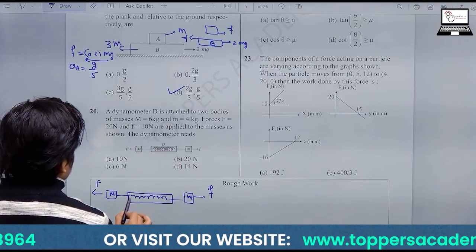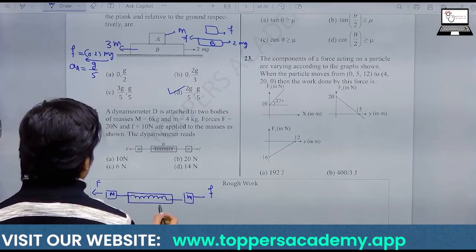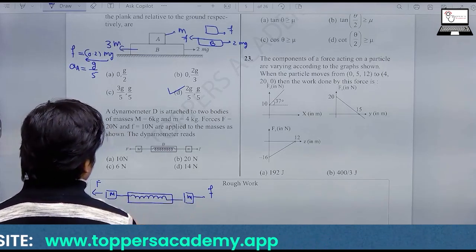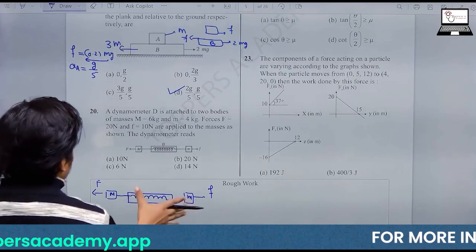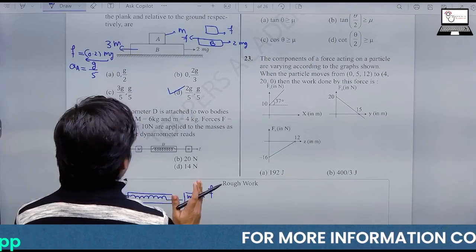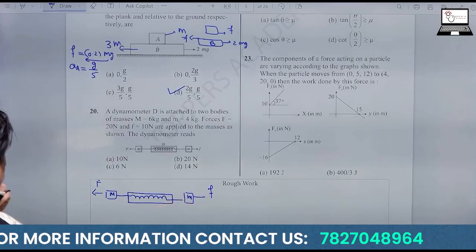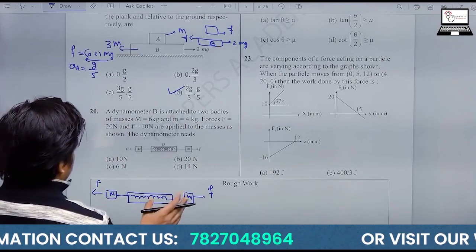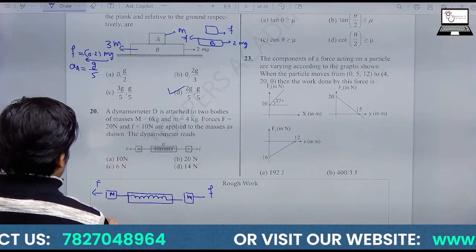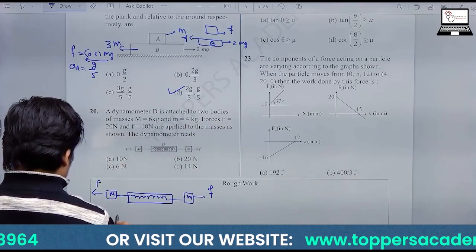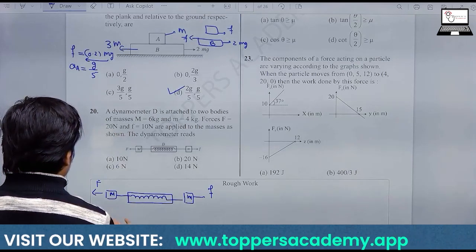Now I am assuming that if I take this as an entity, as a single body, then on this single body the force capital F, 20 Newton, is acting in the left direction.